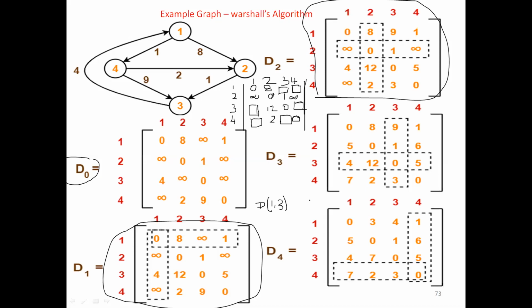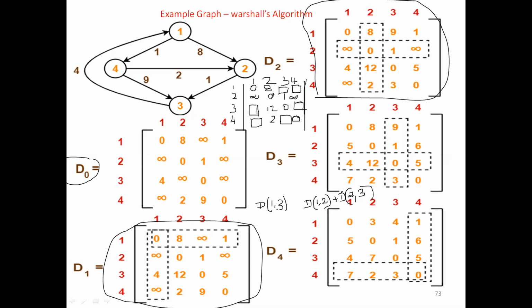So I write D 1, 2 plus D 2, 3. Hope you understand: to go from 1 to 3 via vertex 2, that is the meaning.